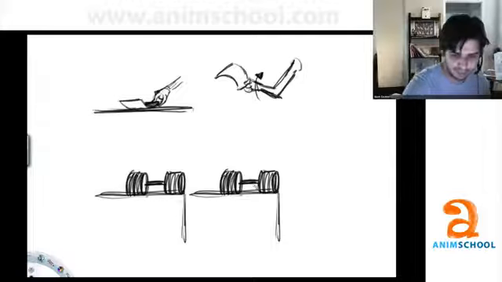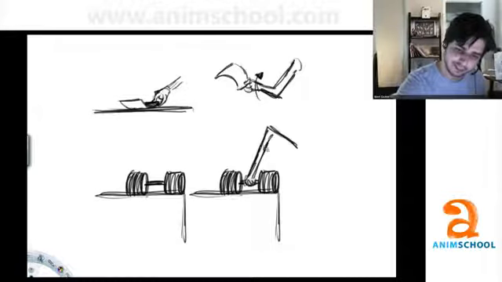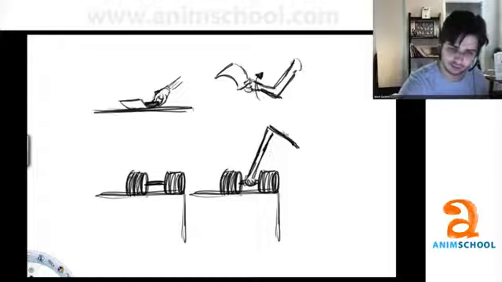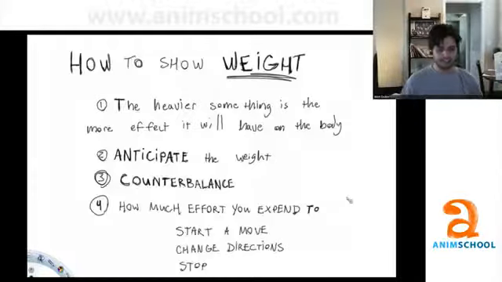Now I'll probably have to use my shoulders as well. So now my shoulder angle has to get behind me lifting this up. So the heavier something is, the more it affects your body in terms of how much of your body you have to use to lift it. And that goes through with how you lift stuff up.